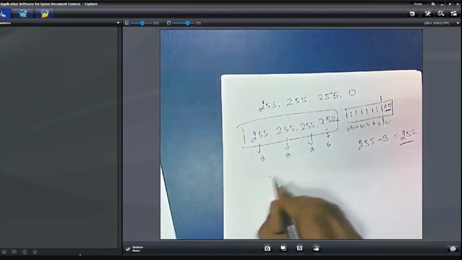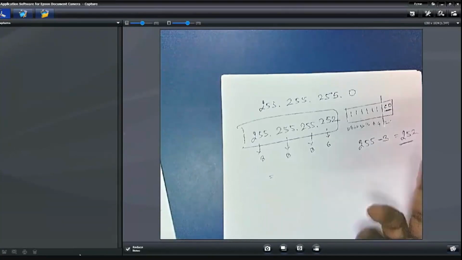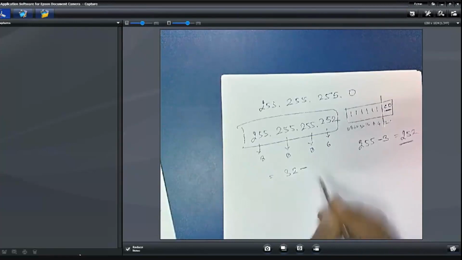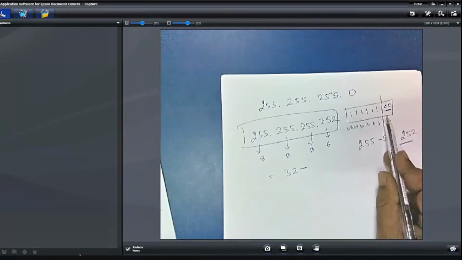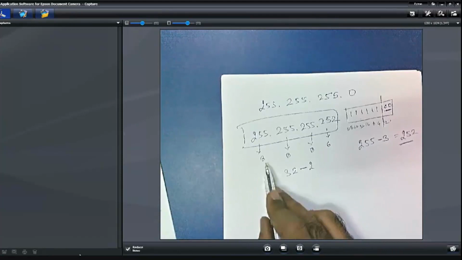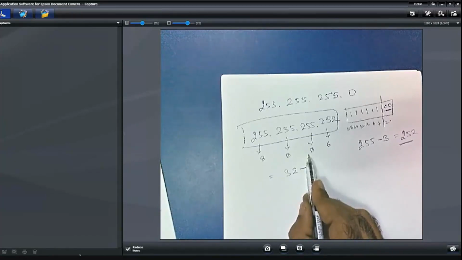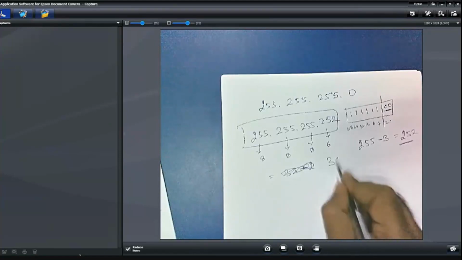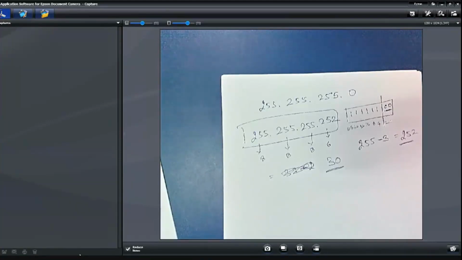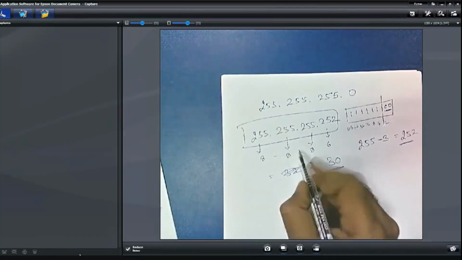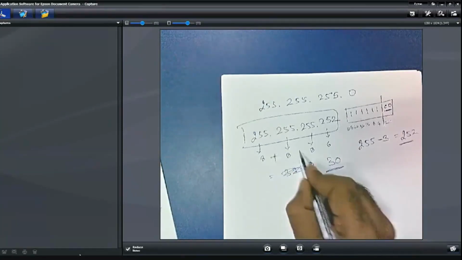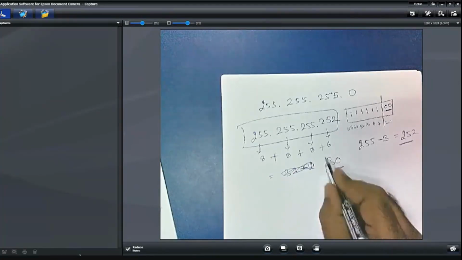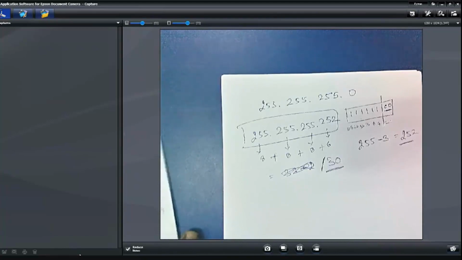So the whole thing is 32 minus the only 2 bits left. You add 8 plus 8 plus 8, which is 24. 24 plus 6 is 30. So /30 is our new CIDR value.